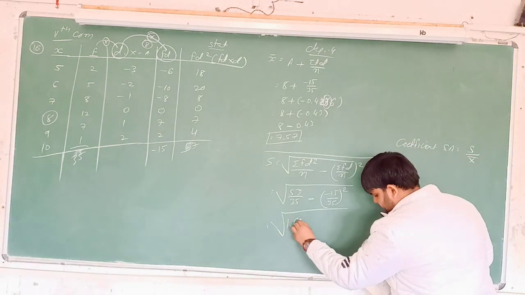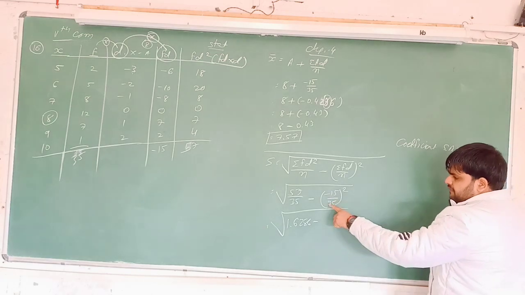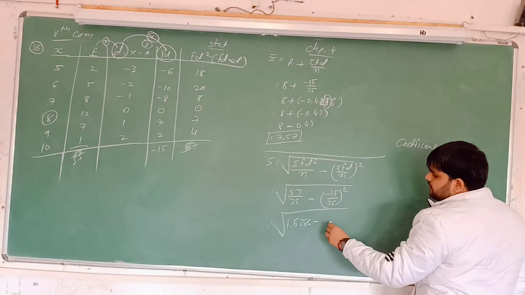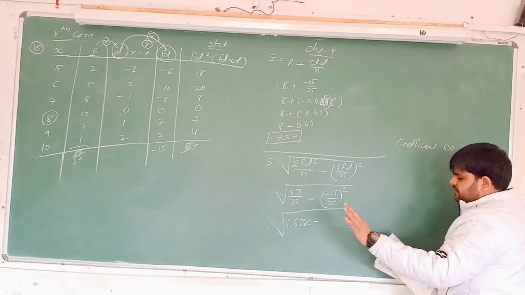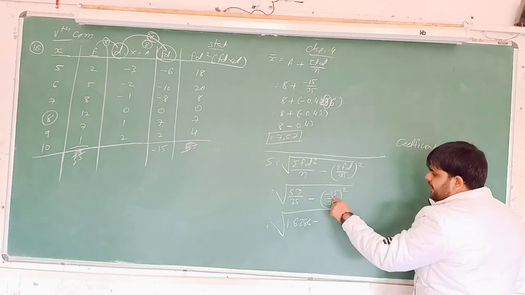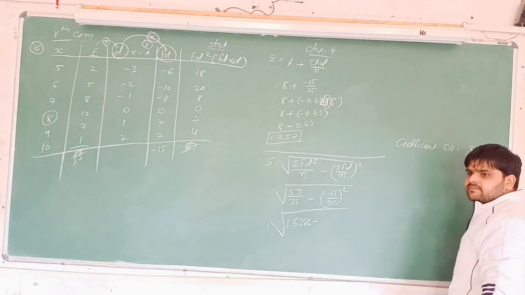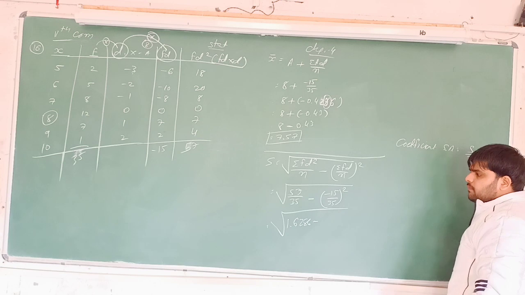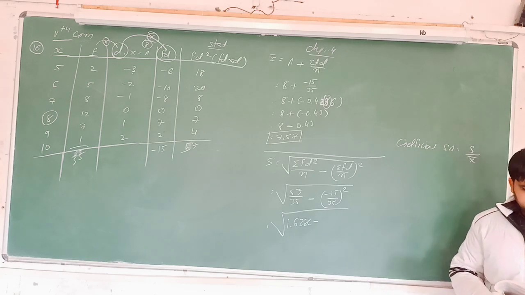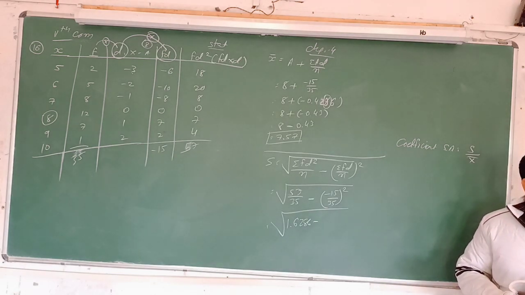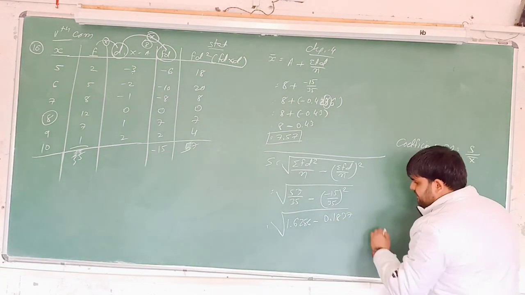57 by 35 is 1.6286, minus again minus 15 by 35, and do the square of it. 0.1837.